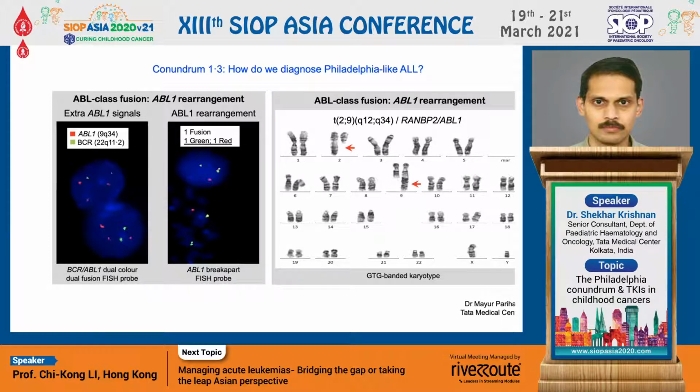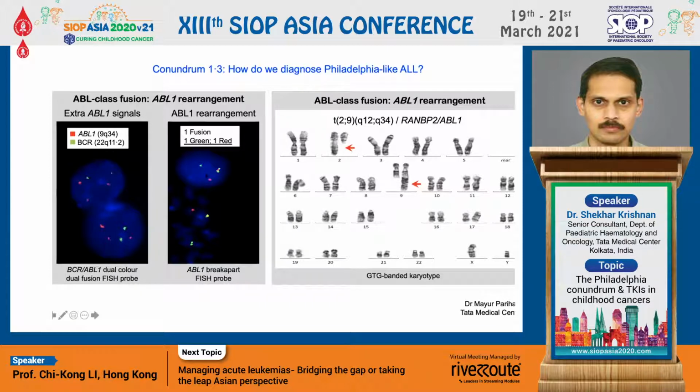What you can see at the leftmost side is an interphase FISH image for BCR-ABL. You can see the DAPI-stained nucleus containing the signals defining the BCR and the ABL loci. What is evident are signals defined by red, and that is a trigger saying that something is going on at the ABL1 locus. When we put a break-apart ABL probe, the fusion defines the abnormality.